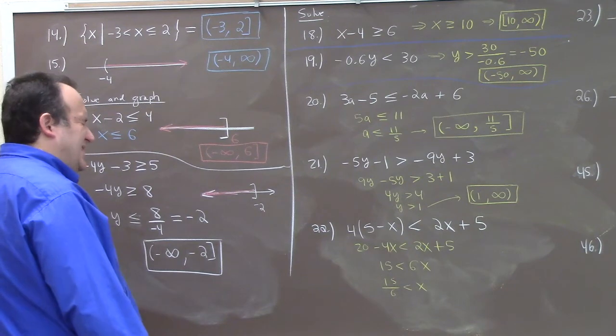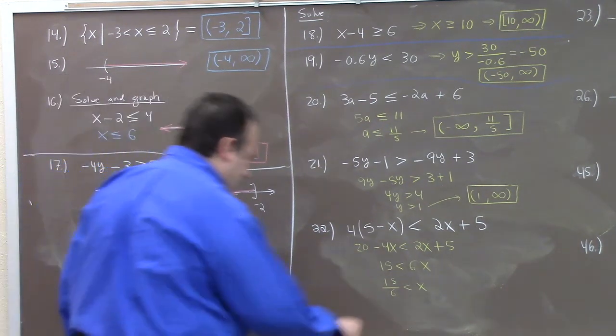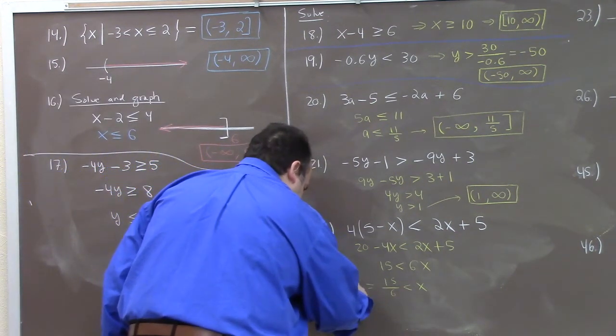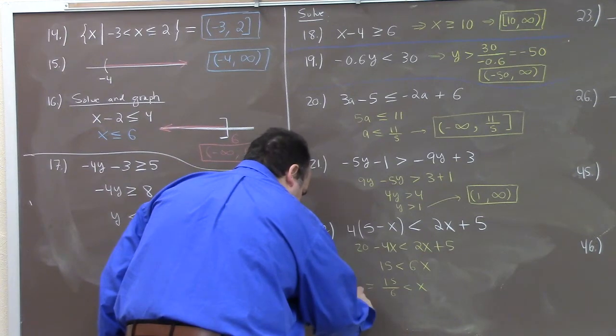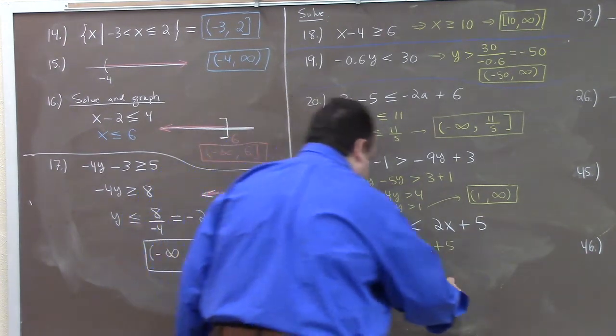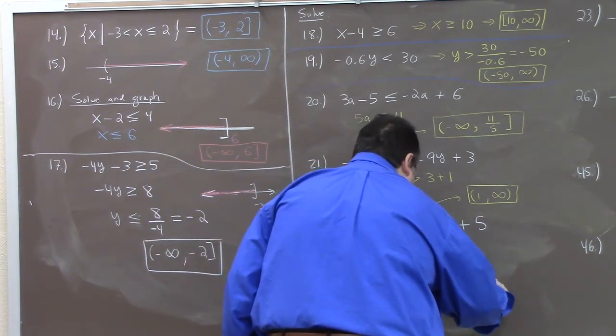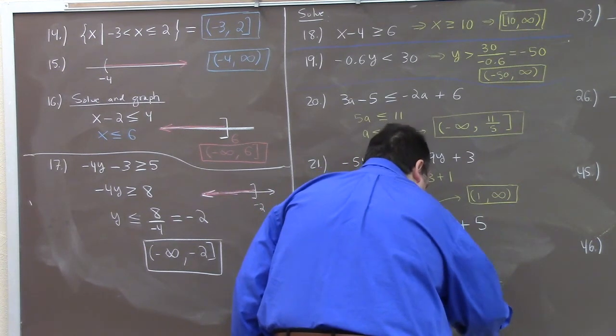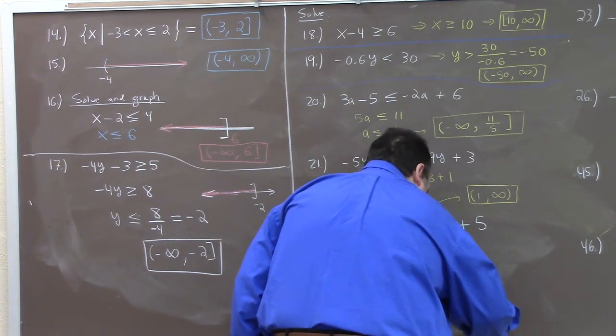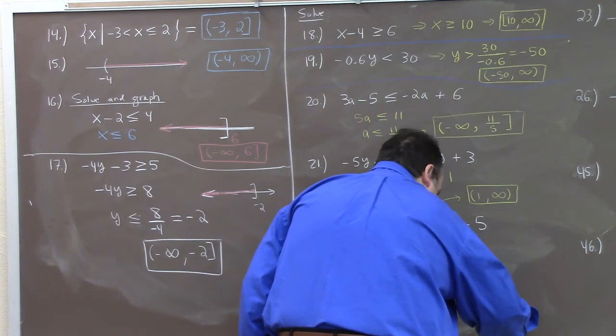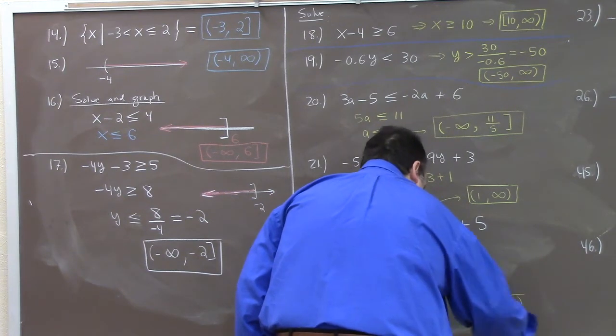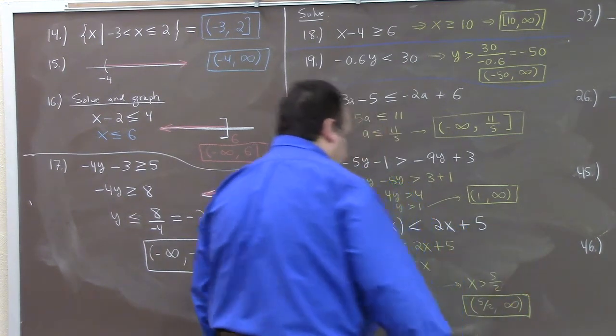What's 15 over 6? That simplifies, right? That's 3 times 5 over 3 times 2. So it's really 5 halves, right? So we have x is greater than 5 halves, which in interval notation looks like 5 halves not included to infinity. There you go.